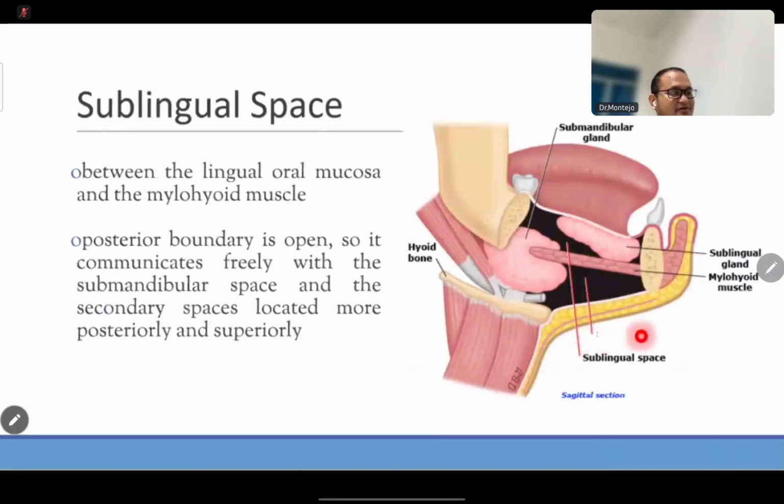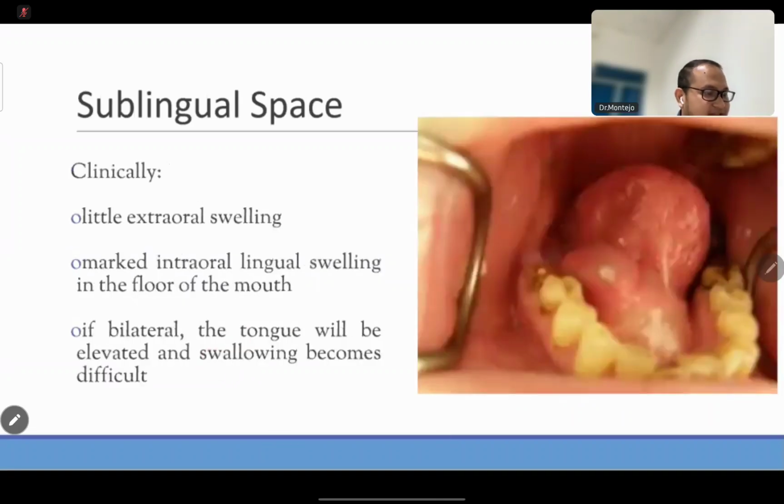So let's start with the sublingual space. This space lies between the lingual oral mucosa and your mylohyoid muscle. Okay? So this space is also connected posteriorly to the other muscles. So there's always a chance of spread of infection. Okay? So the clinical presentation of infection in the sublingual space would be intraoral swelling.